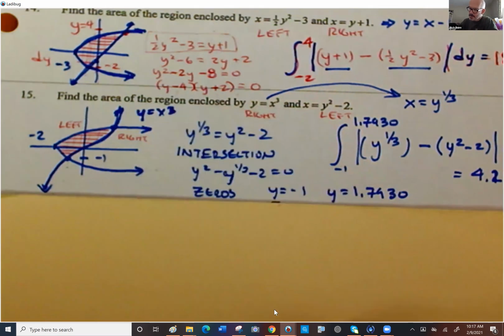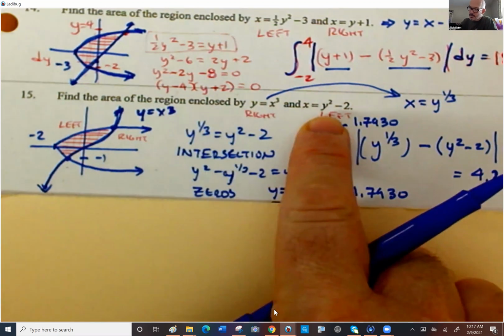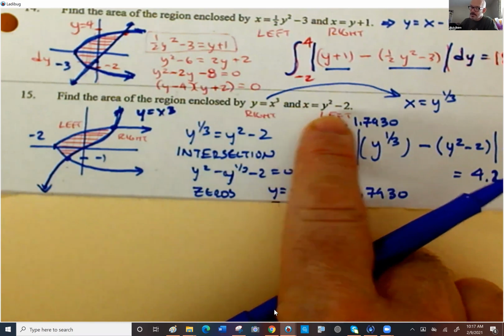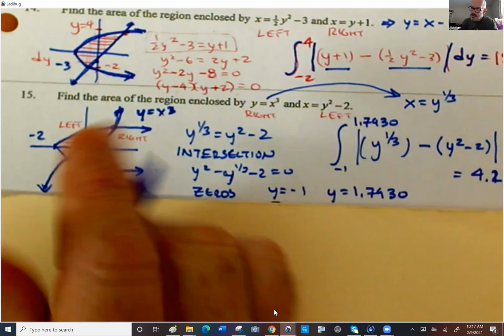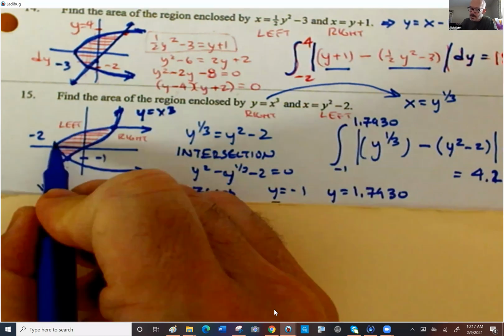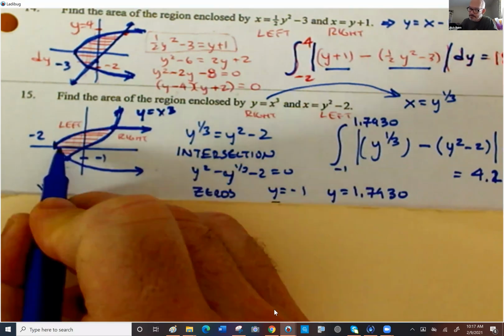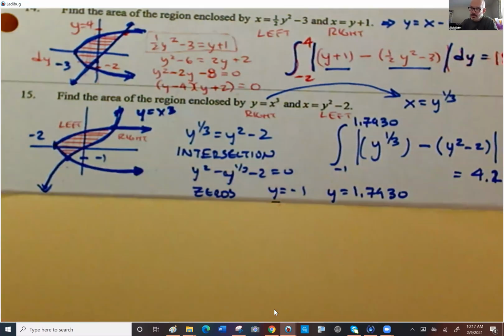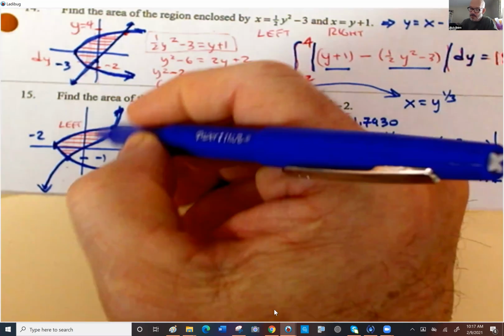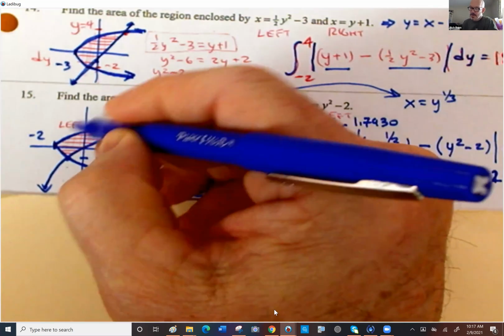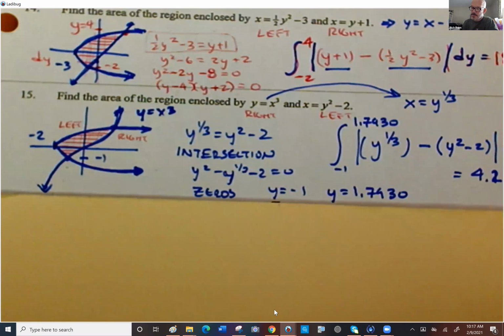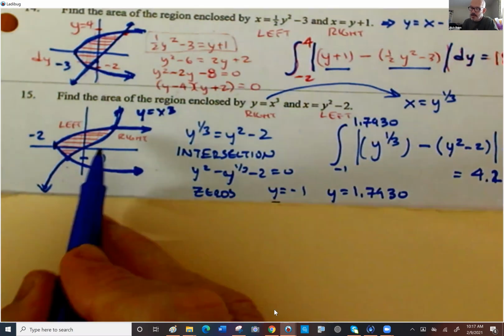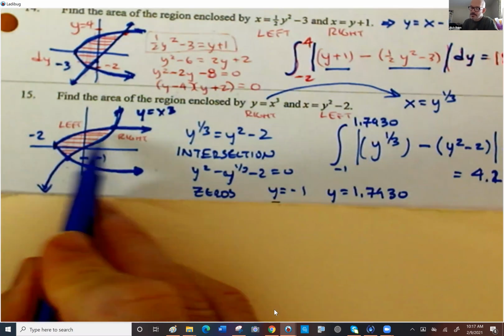And this one is another parabola that does open to the right and starts at x equals -2. And that's shown by this guy. With a quick look at this, vertical cuts are going to be a dilemma. So this does present us with a right minus left with horizontal cuts.